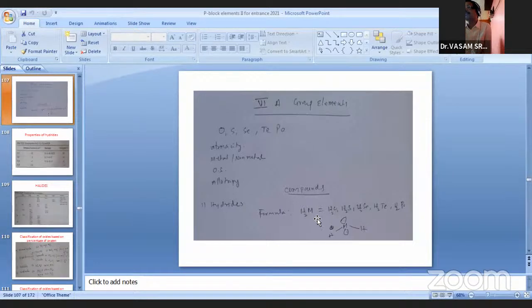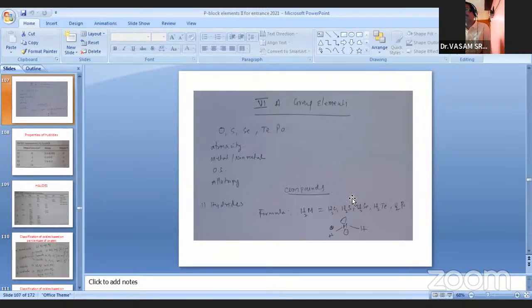In place of M, substitute oxygen, sulfur, selenium, tellurium, and polonium. They form H2O, H2S, H2Se, H2Te, H2Po. These are all the hydrides of sixth group elements.